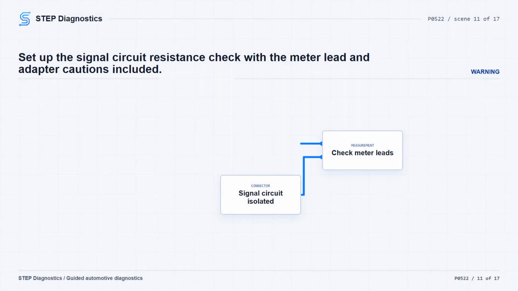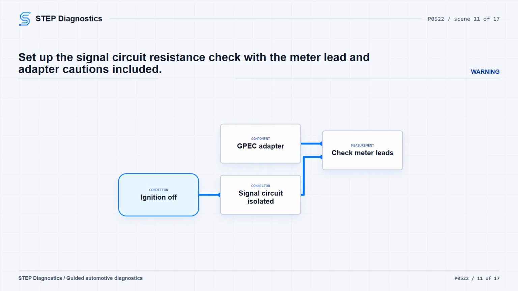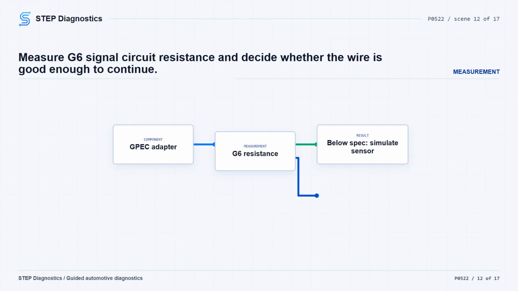With the ignition off, isolate the EOP sensor G6 pressure signal circuit by disconnecting the ECU and the component connector that contains the circuit. Before measuring circuit resistance, check the resistance of the DVOM leads so you know what the leads are adding. The GPEC diagnostic adapter can add up to 1.5 ohms of resistance to the circuit.